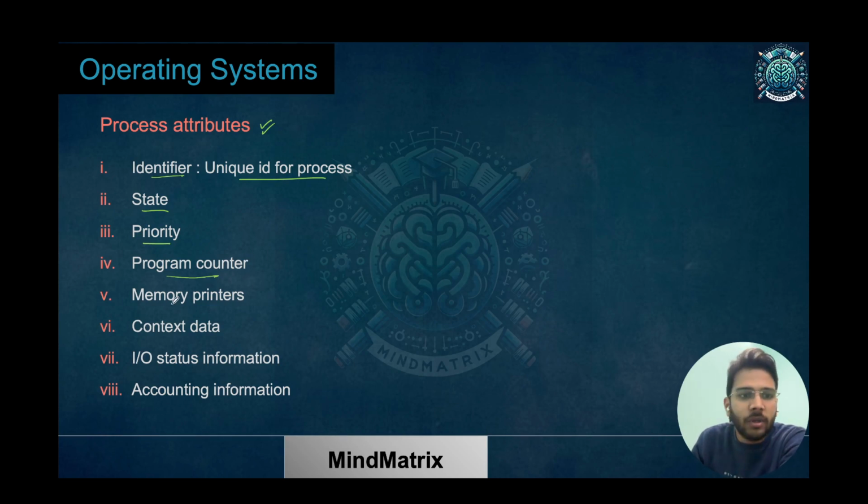We have memory pointers, context data, input output status information, accounting information, and much more. All these details of the attributes we store somewhere, and I will let you know where. Basically it is a process control block, so we store all this information there.